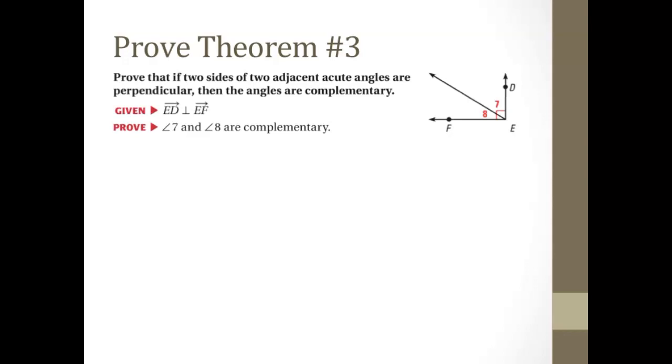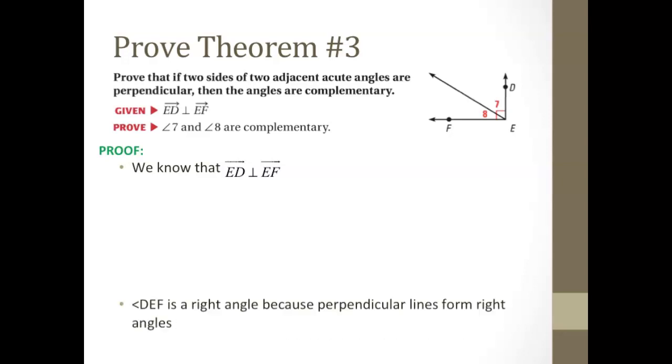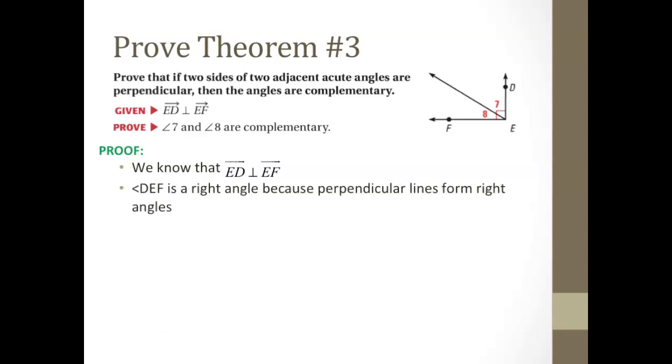You always want to start with what you're given. So we know that ED is perpendicular to EF. From there, what can you say? Well, you can say that the angle DEF has to be a right angle because you know that perpendicular lines form right angles. Well, we also know that the measure of angle DEF has to equal 90 degrees because that's the definition of a right angle.